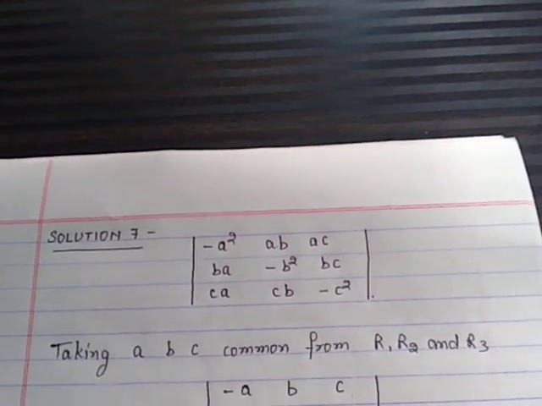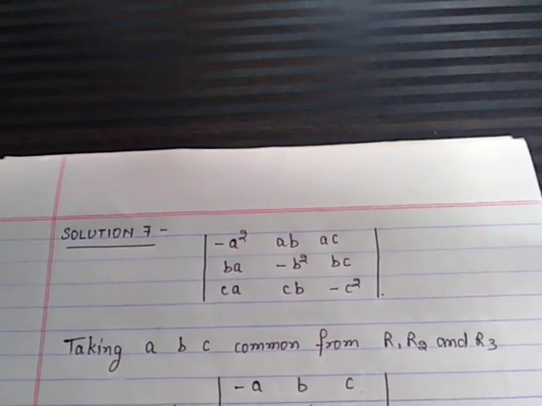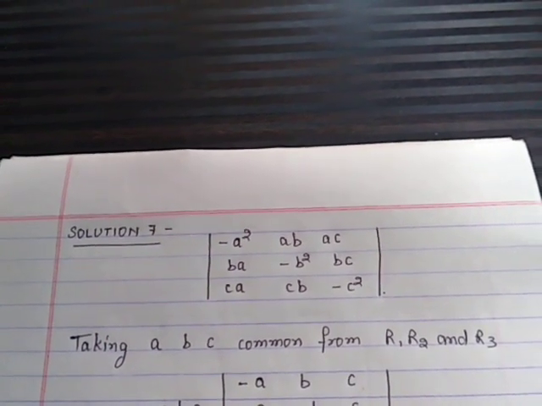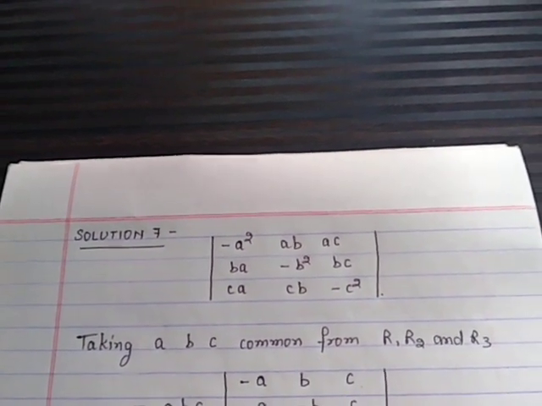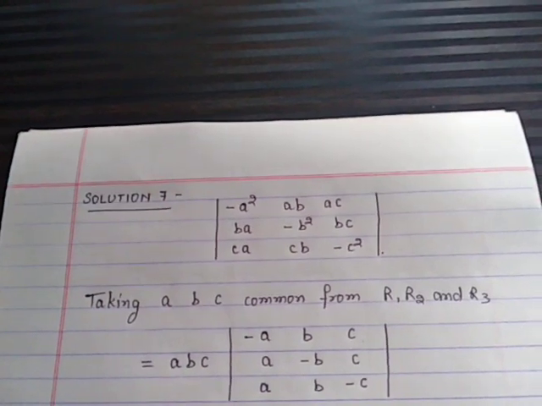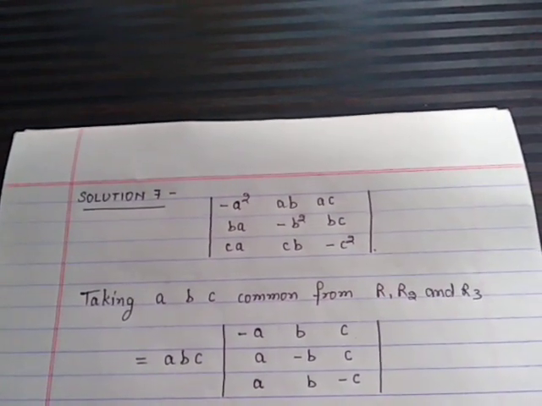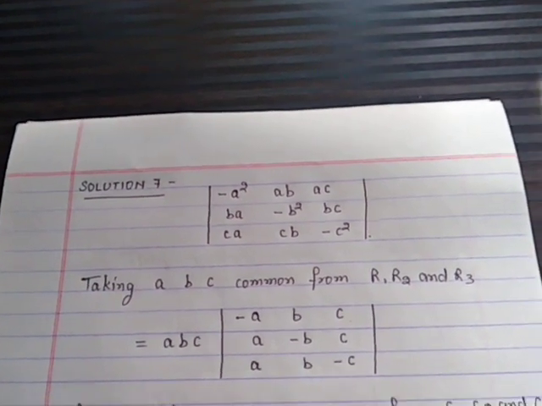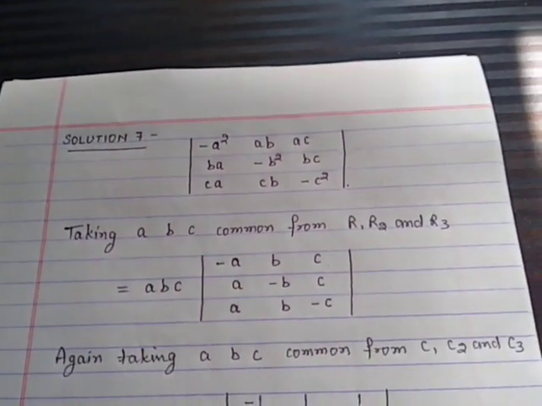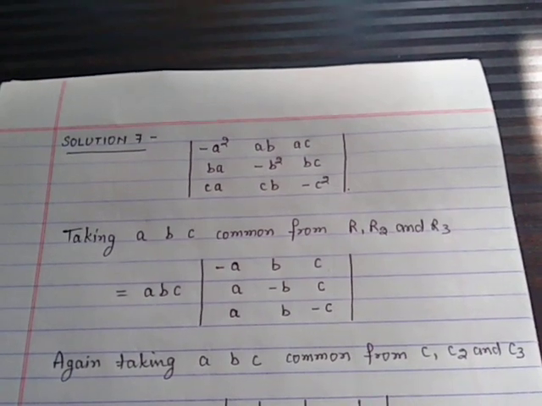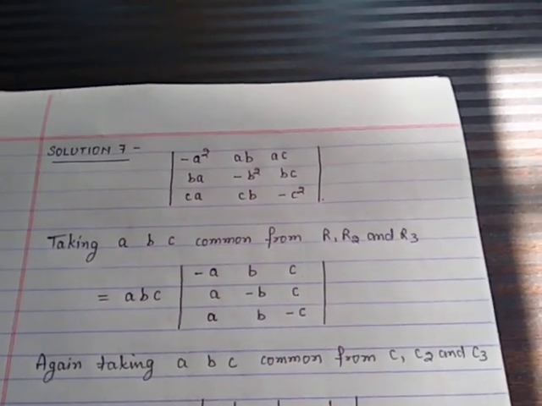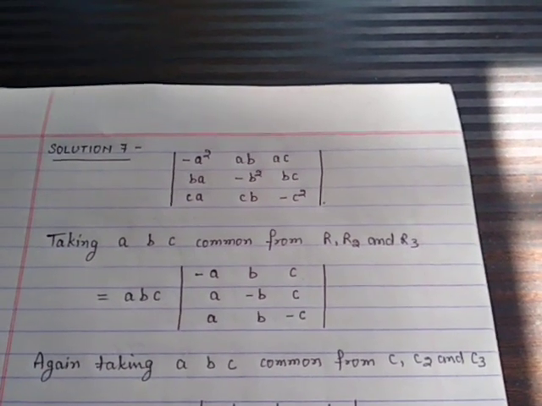So you can see, taking a common from row 1, b common from row 2 and c common from row 3. Now again you can see a is common in C1, b common in C2, c common in C3.